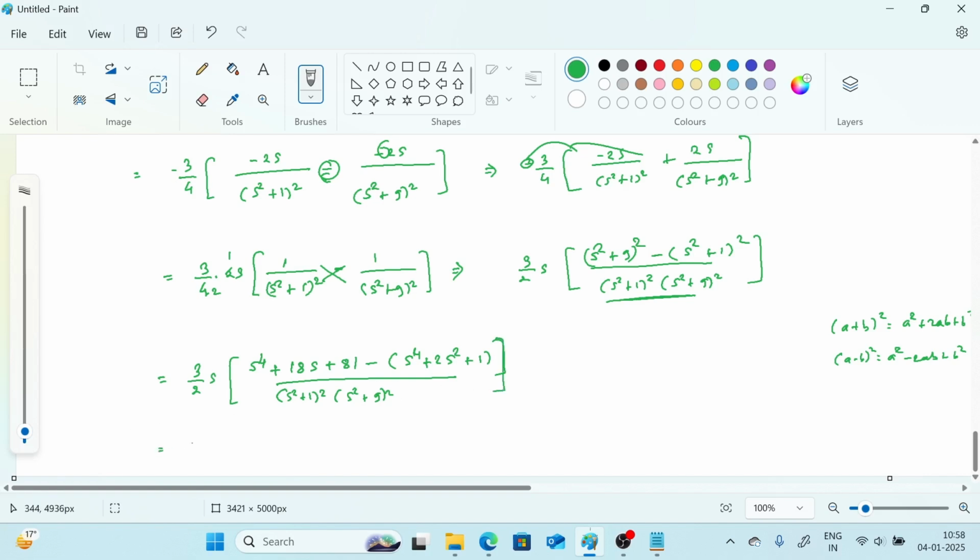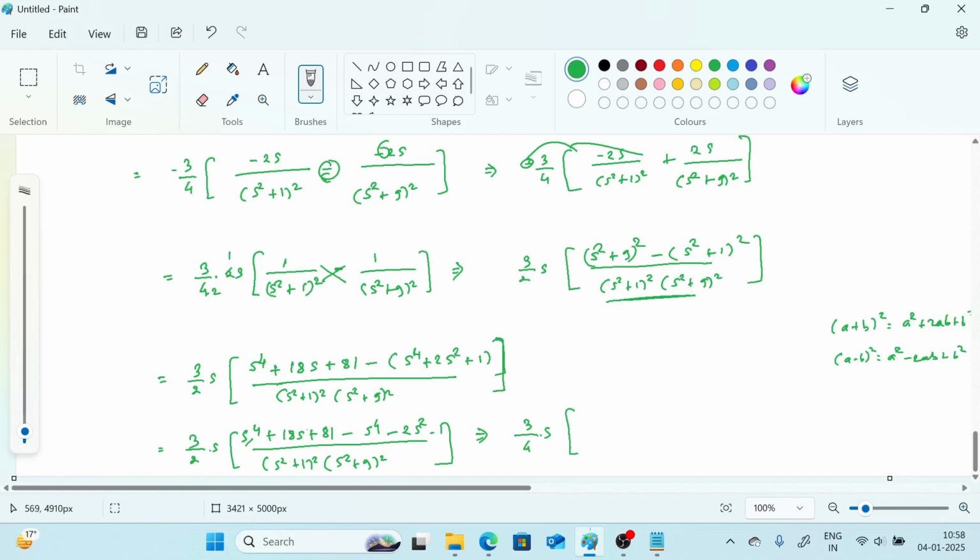After simplifying it, what I will get is 3 by 2 times [s^4 + 18s^2 + 81 − s^4 − 2s^2 − 1] upon (s^2 + 1)^2 (s^2 + 9)^2. After simplifying it, what I will get is 3 by 4 into s.